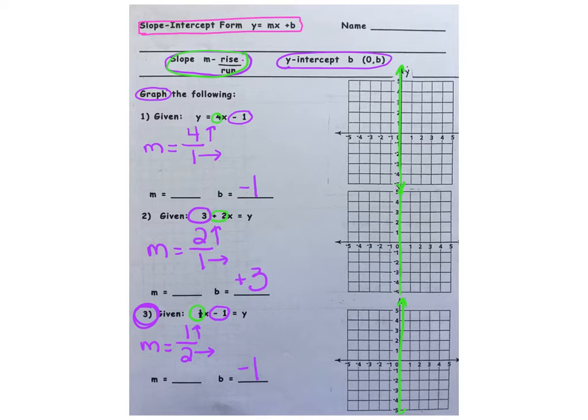Here we go. We know our intercept, our anchor point on the y-axis is -1. So on the y-axis, make a nice anchor point at -1. From that anchor point, we are going to rise up 1 and run to the right 2. Here we go.